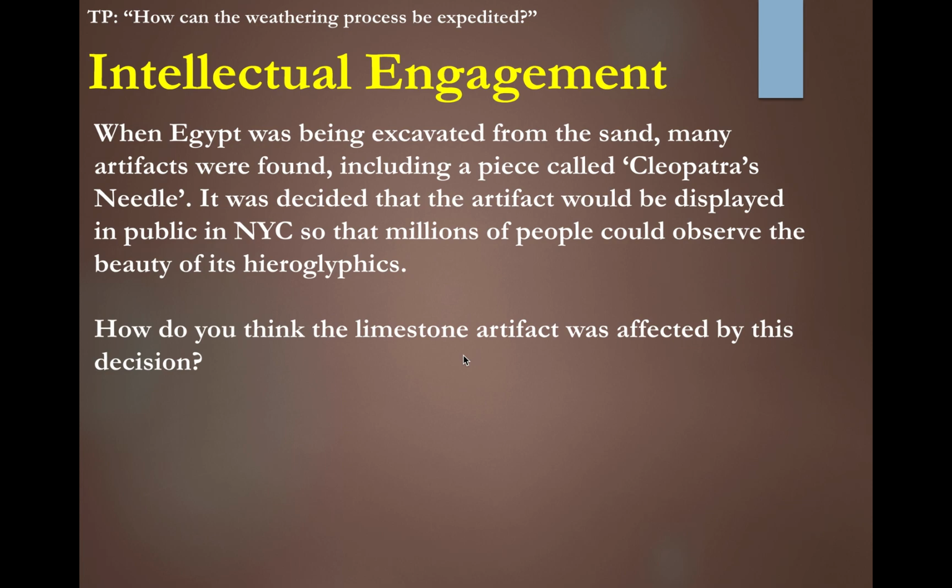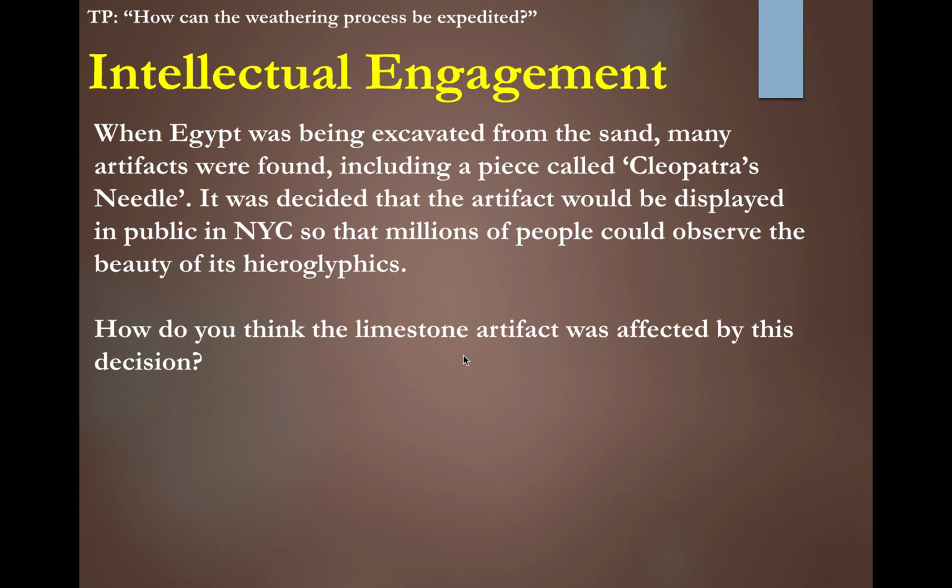It's what we call a dilute acid. Dilute means it's a very weak acid. Water is 7 on the pH scale, which is neutral. Like 6.9 or 6.8 can be the pH of acid water. Very dilute. That can begin the weathering process. Chemically weather limestone in this artifact from Egypt.